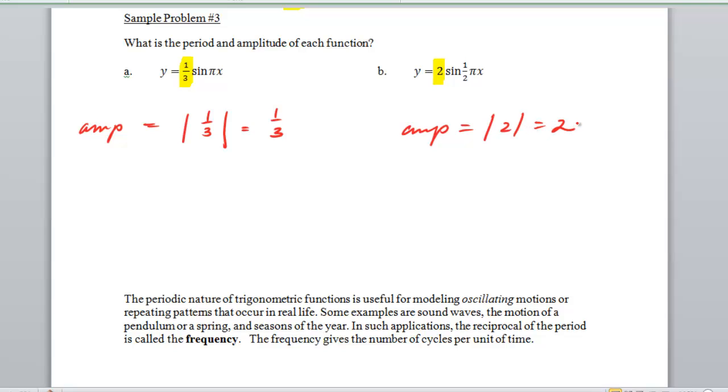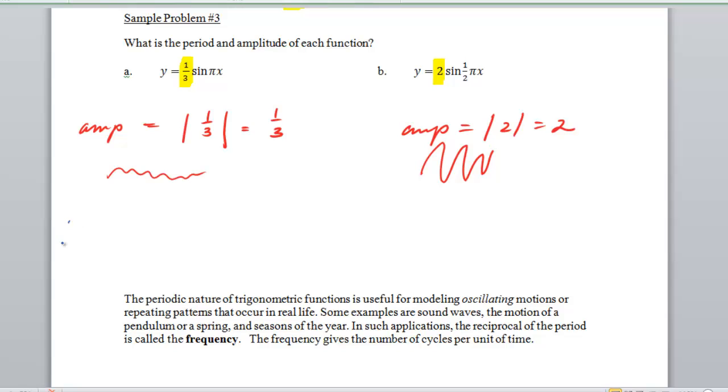The amplitude of part A has shrunk the graph closer to the x-axis, whereas the amplitude of B has stretched it higher and lower, further away from the x-axis. You should be able to visualize one versus the other if you were graphing that.